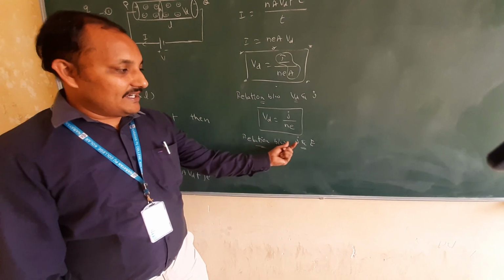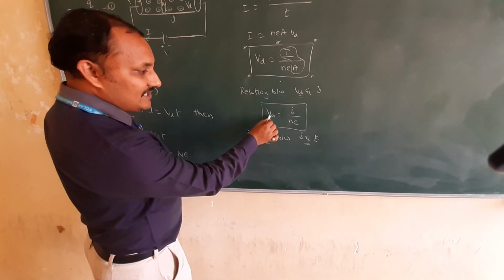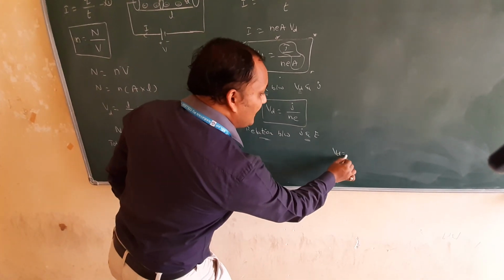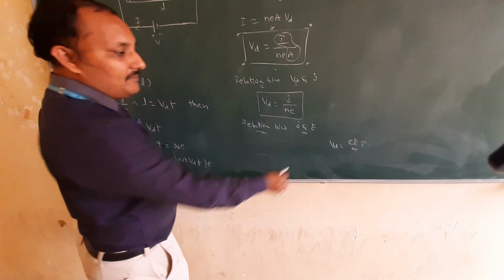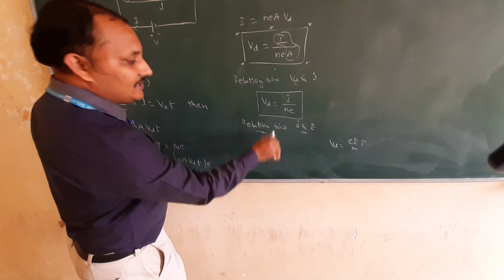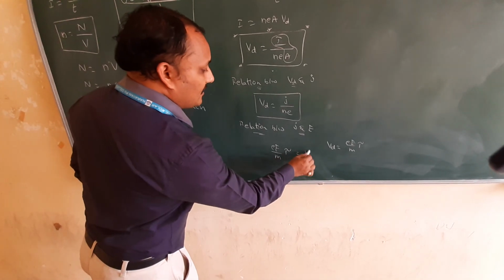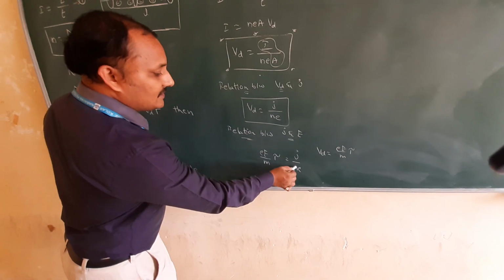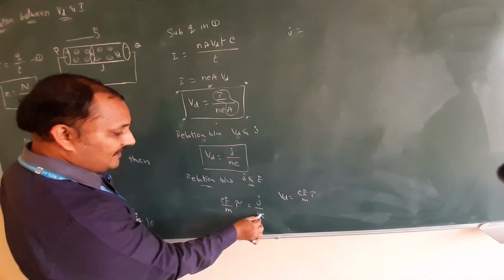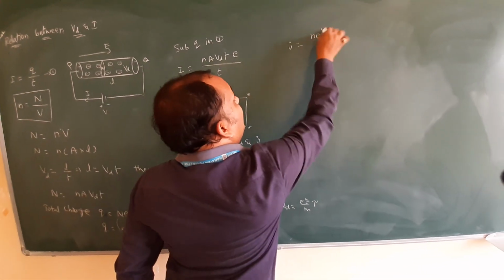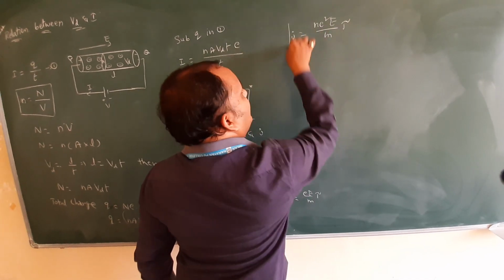Next, the relation between J and E. We already came to know the drift velocity equation. What is it? Vd is equal to eE by m into tau. You remember that one? We got it already. That one you can substitute here. eE by m into tau is equal to J by ne. Then sending ne across, J is equal to ne into eE by m into tau, so ne squared remains the same: J equals ne squared E by m into tau.